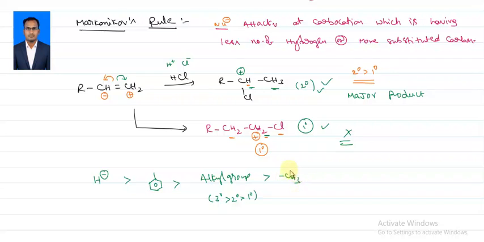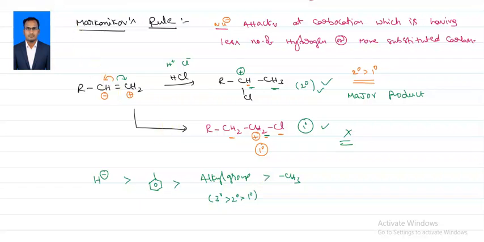This is the stability order, that means the rearrangement order. First, if H minus rearrangement is possible, that only will take place. After that benzyl, then after alkyl groups, nothing but tertiary greater than secondary greater than primary, then after CH3, whichever is possible, that only will take place.